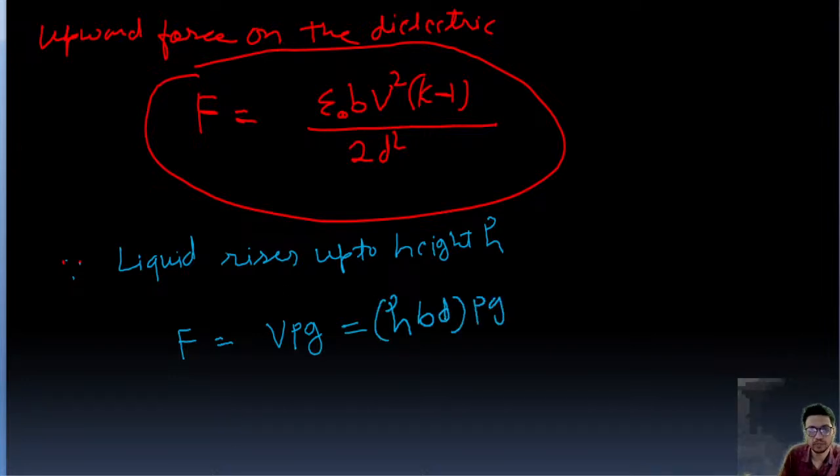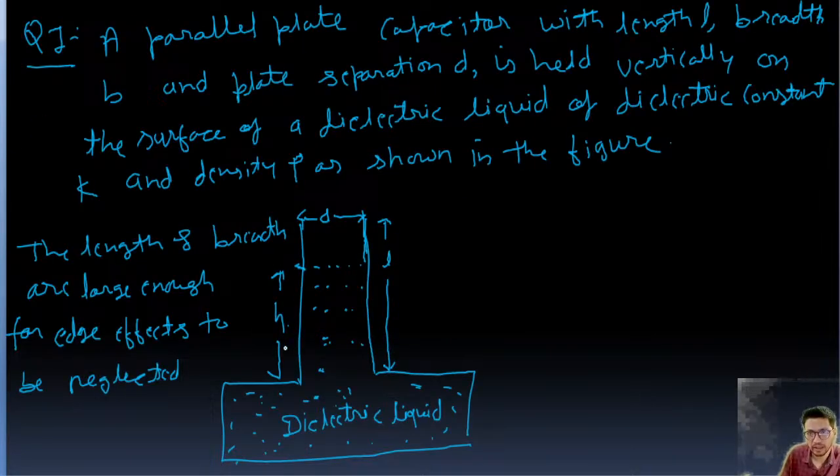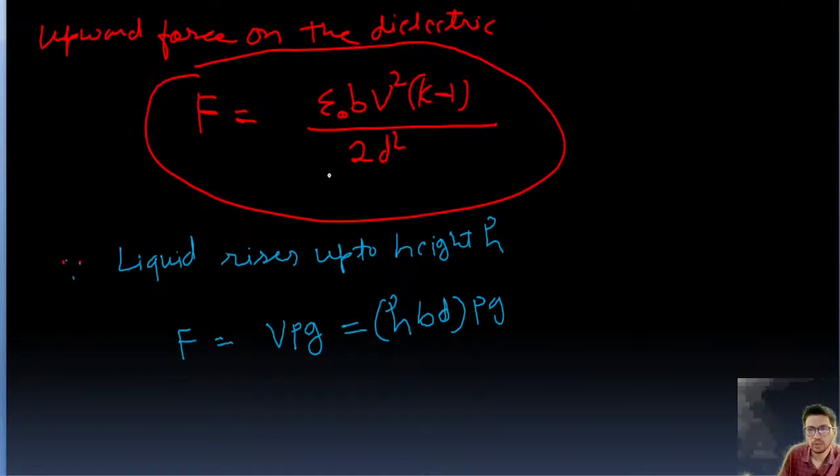Okay, h b d is the volume of this cuboid, guys. This is the length h, this is the thickness d, and the breadth of the plate is b, so length into breadth into thickness. That is the force, because the liquid is rising up to height h, and then this force will be equal to V rho g. V is the volume, not the voltage, guys. So V rho g value is h b d rho g.